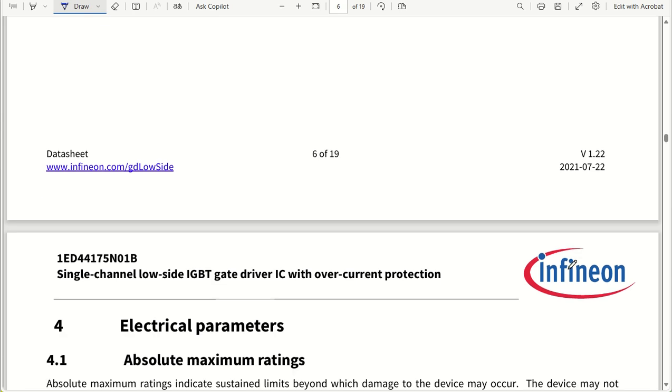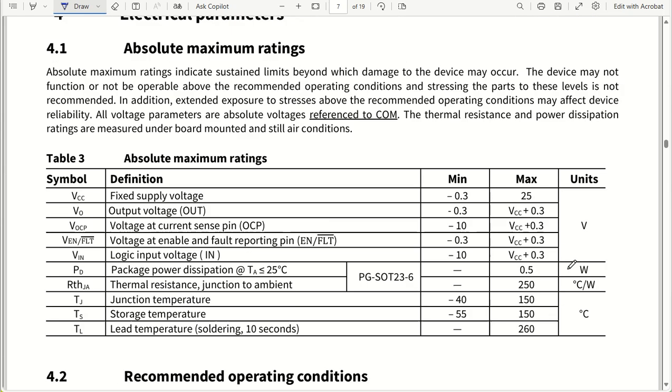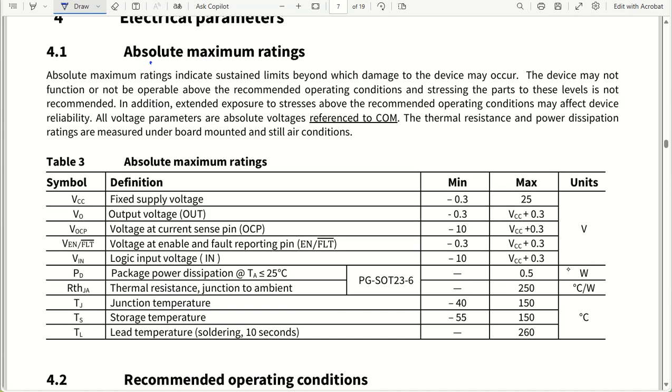So the application we already saw. Coming back to the absolute maximum rating, for any ICs that we have taken into account, I have always explained the absolute maximum rating for the particular IC. We can see the VCC can take a maximum of 25 volts.